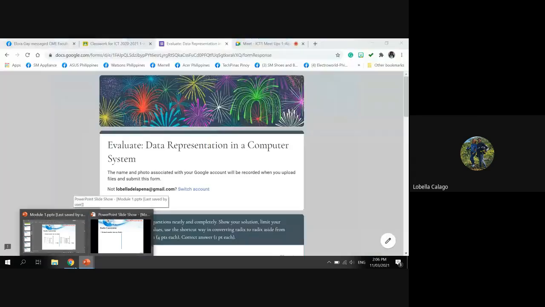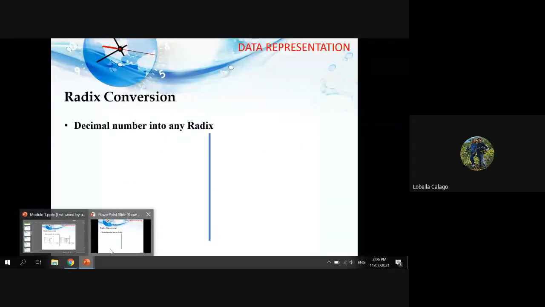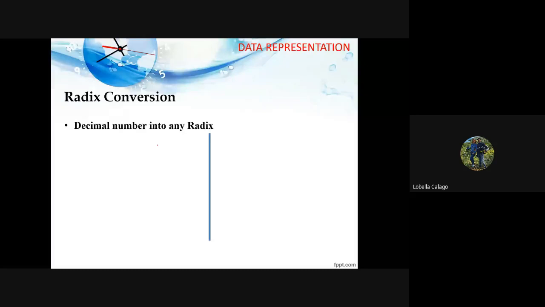So, your assignment for tomorrow will be our discussion today. Okay. So, Radix Conversion. We're now done with our last meeting on addition and subtraction of binary, hexadecimal, and octal number system. Now, we will convert the different radix that we use in data representation.